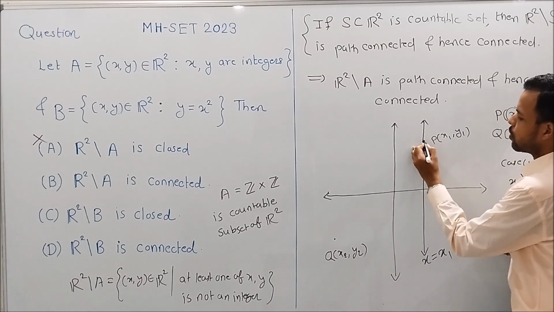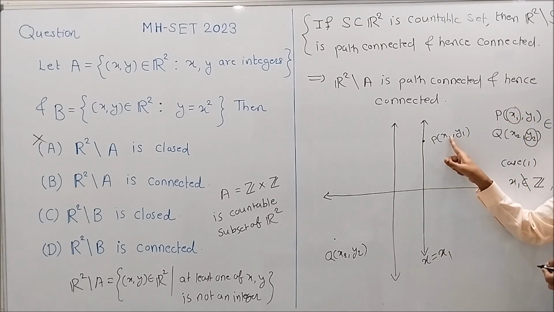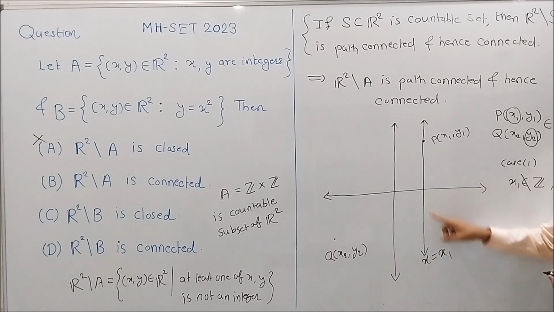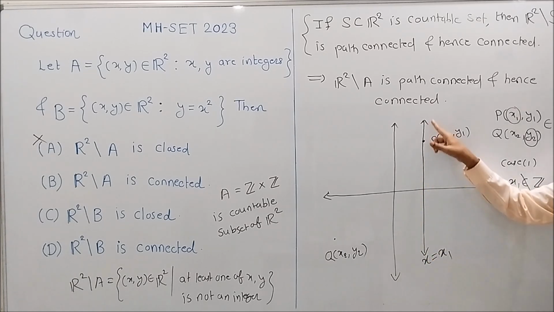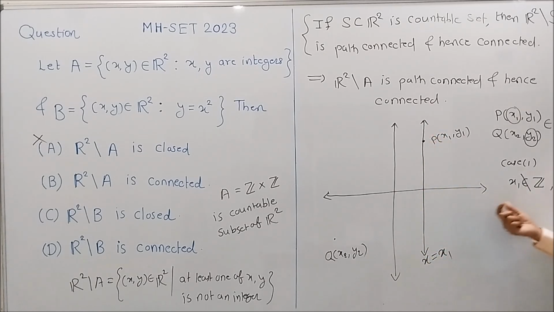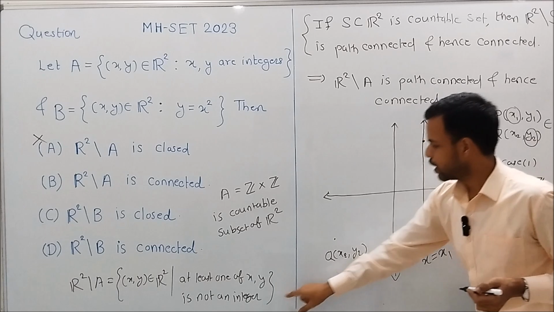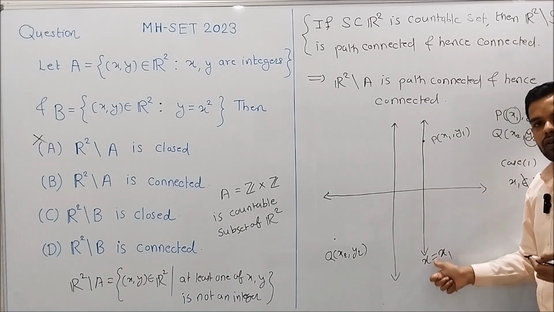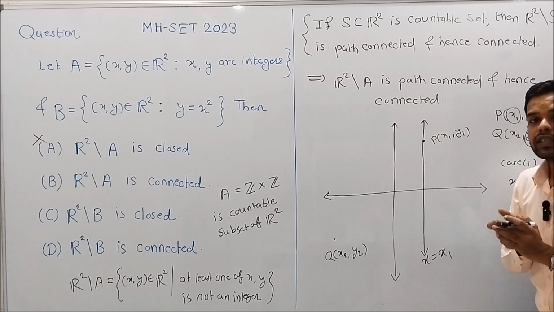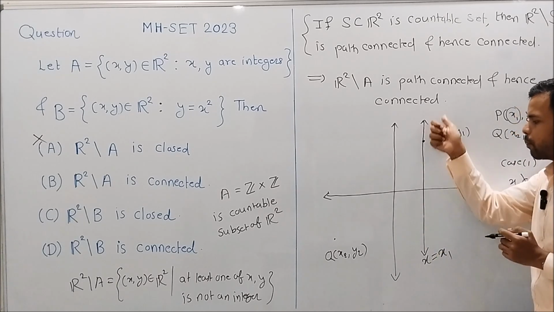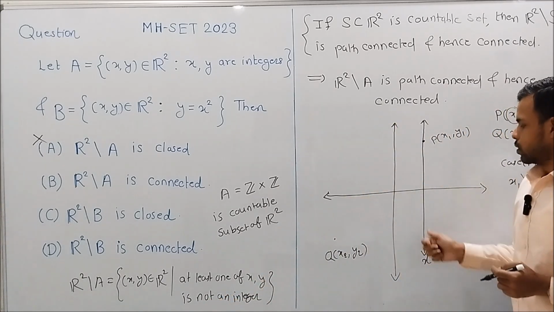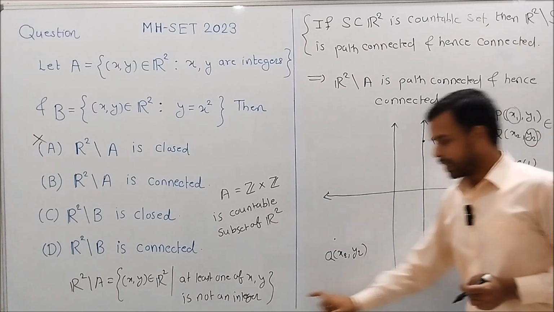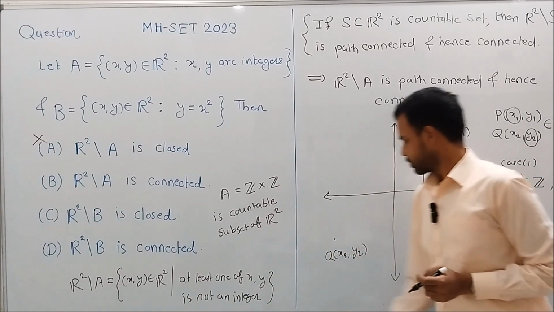Every point on this line has first coordinate x1, because x1 is fixed, but x1 does not belong to Z. So by definition of R2 minus A, every point on this line is an element of R2 minus A. So this line is contained in R2 minus A.